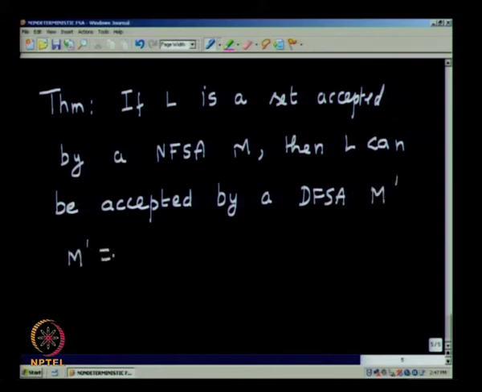M dash is equal to (K dash, sigma, delta dash, Q naught dash, F dash). If L is accepted by an NFSA, it can be accepted by a DFSA.